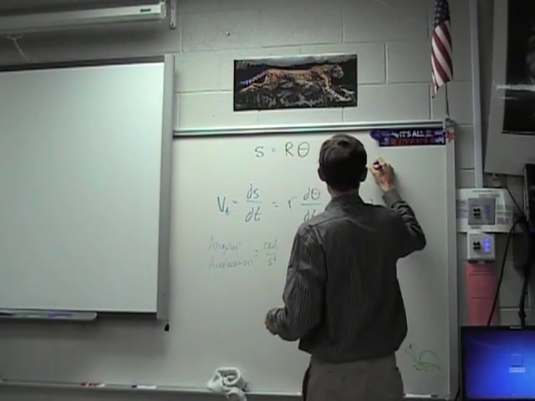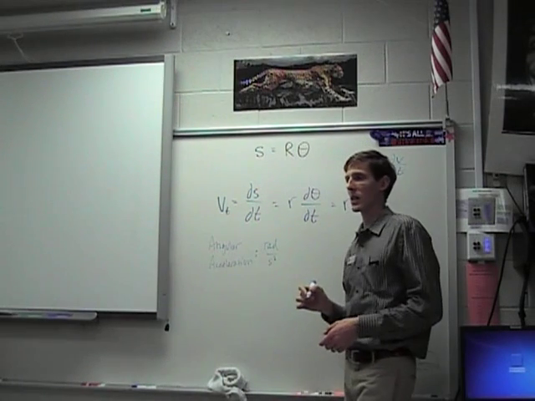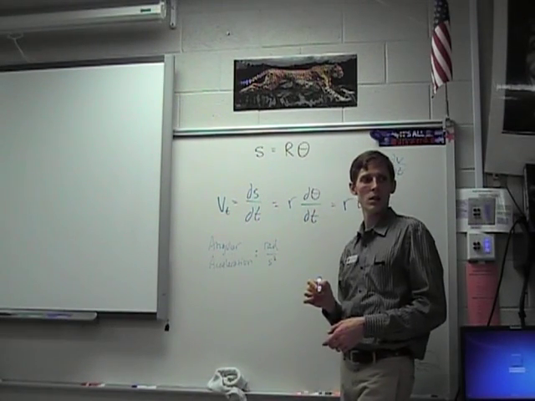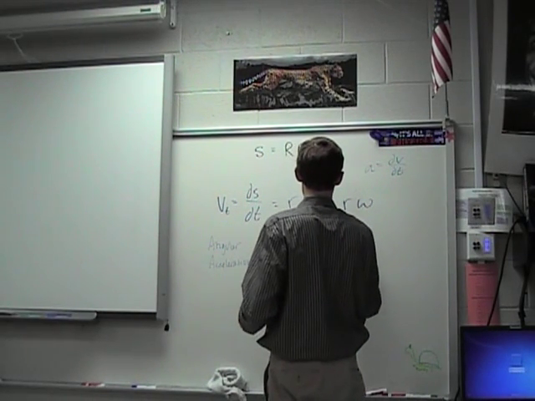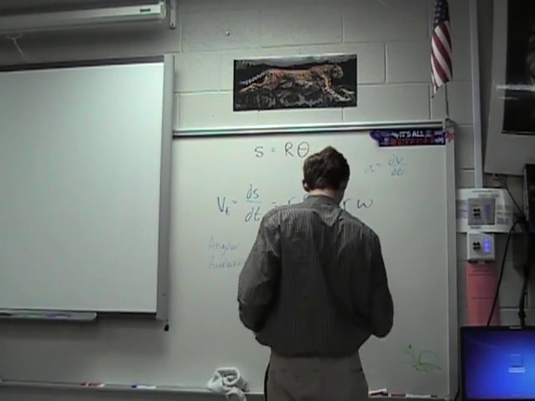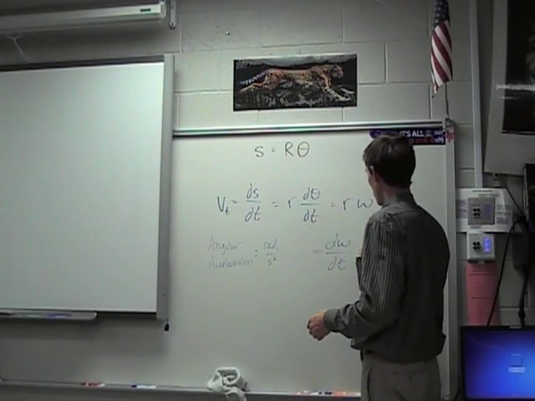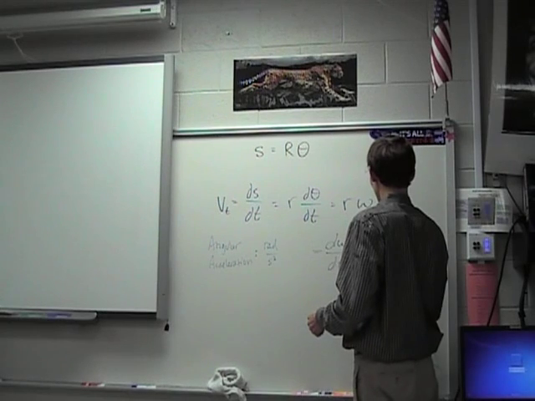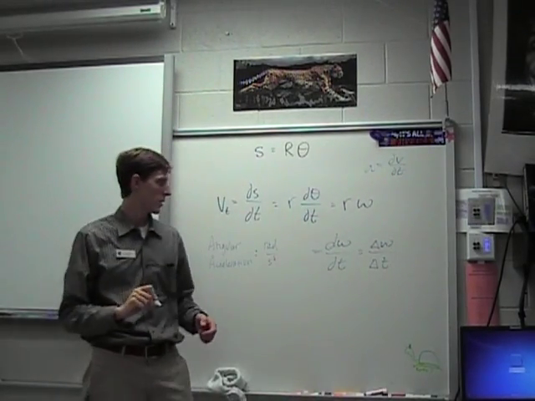Yeah, acceleration is dv all over dt. So what do you think angular acceleration is? d omega over dt. Or if we assume a constant angular acceleration, or if we look at the average, delta omega over delta t.